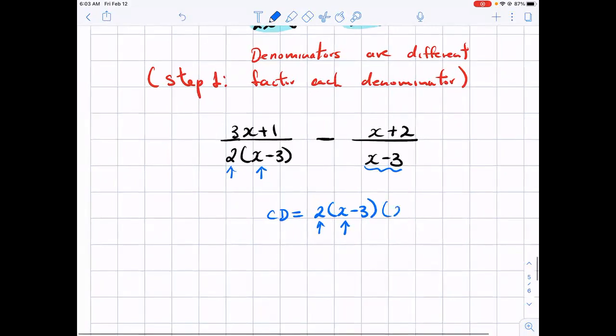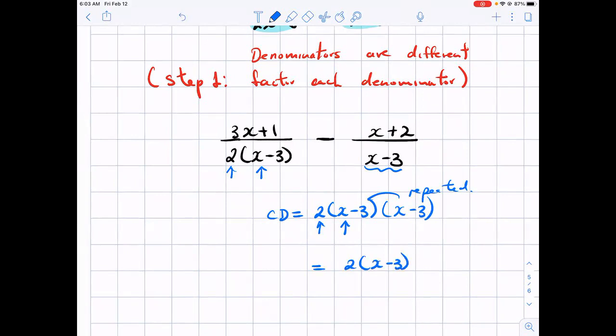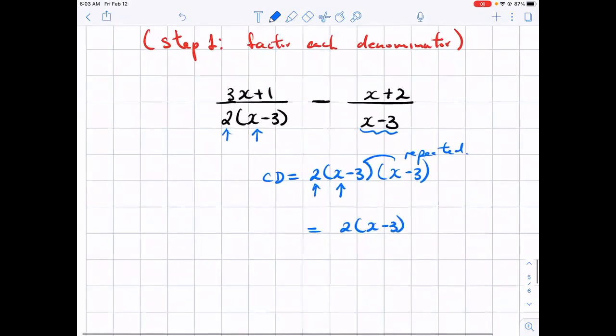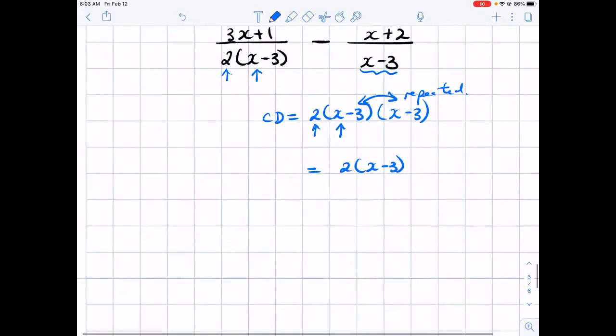So there is no need to write x minus 3 again because it will be repeated. So it is really 2 just times x minus 3. That's my common denominator. And realistically, what you've just done there is the lowest common denominator. Okay? So do not write it if it's repeated. We only write it once.